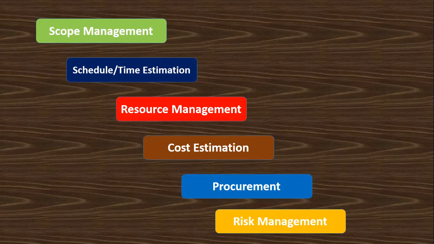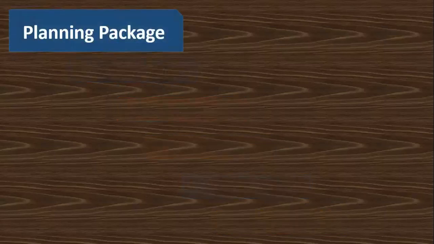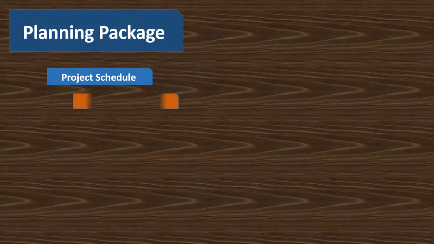Once you conduct all these knowledge areas on your product, on your road, building, or whatever the product is, you will come up with one kind of document called the planning package. You will submit this planning package to the client, and it will comprise the project schedule, which will tell you which work is going to start on what date, with the critical path method.